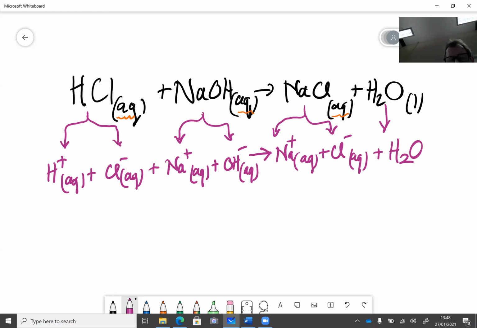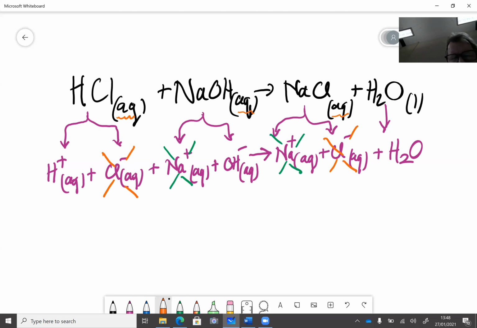Now, this looks really, really complicated. But what I do, like in mathematics, is look for anything on both sides of the equation, and we can get rid of it. So I'm going to get rid of my Na+ here because it is here. And I can get rid of the Cl- because that is here.